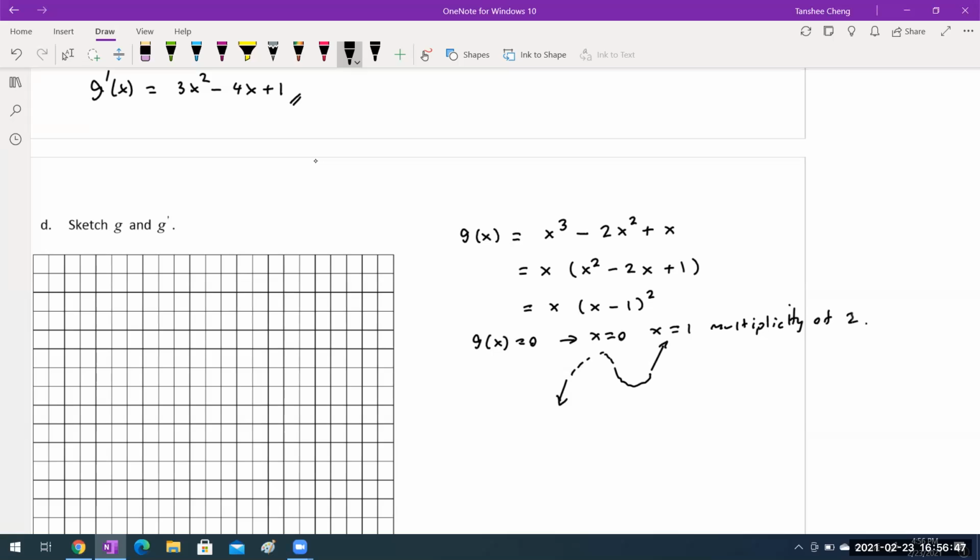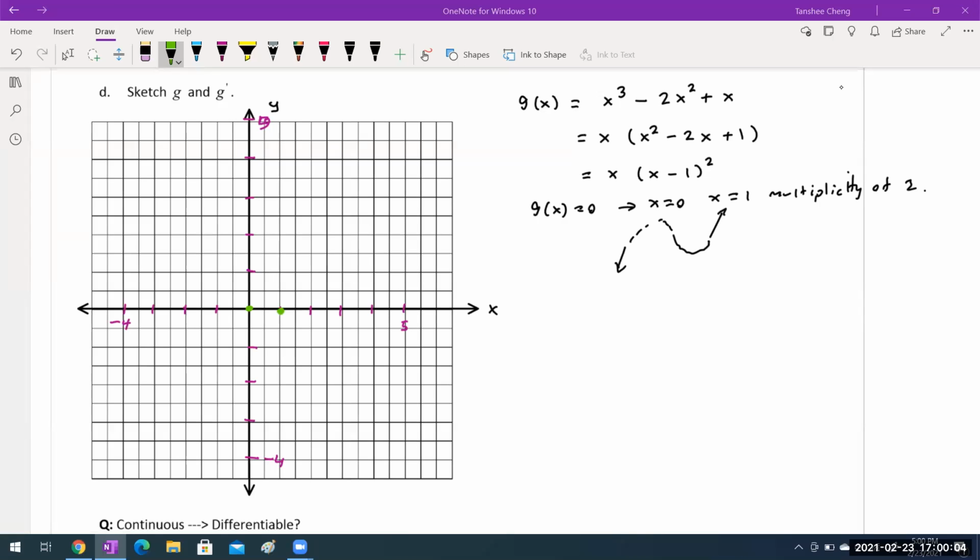And what is the multiplicity of 2? If the multiplicity is odd, then the graph will pass through that zero. If the multiplicity is even, the graph will touch it at that point. So let's try to graph that. We just don't know how tall and how high and how low between this is going to be, so I'm just going to be sketching it. At 0, x is 0, it will be 0 right here.